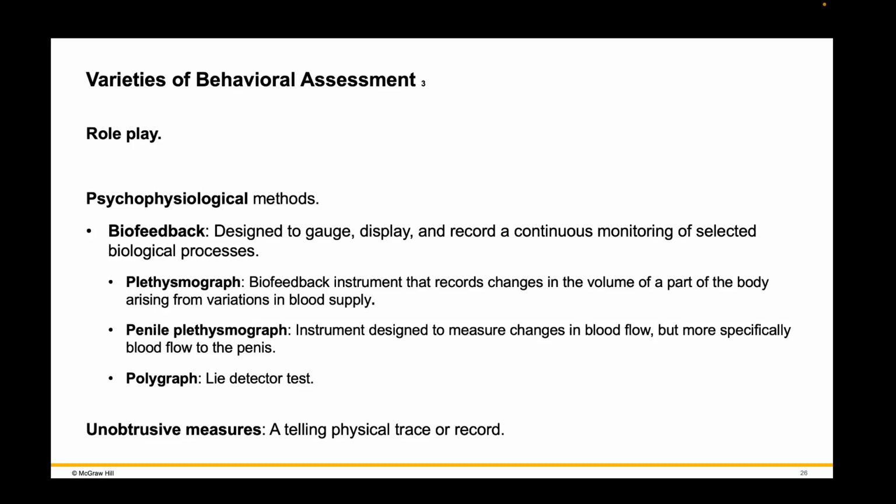So, although ginagawa pa rin siya ng mga investigators, in terms of submitting it as an evidence in court, hindi po siya helpful. And we also have the unobtrusive measures, and telling physical trace or record. So, yung mga ganon.